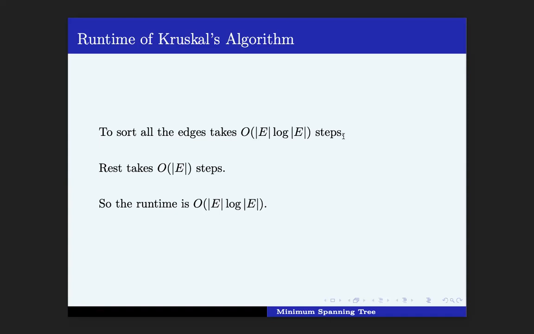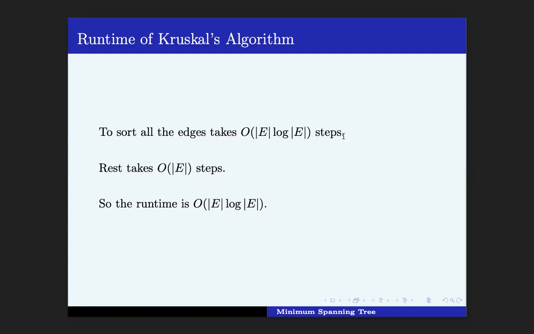So the total runtime will become order E log E. I am not yet telling you the whole thing, because there are certain data structure issues that will come into the picture, and I don't want to go into them. So I will ask you to go and read this from any book you are comfortable with.